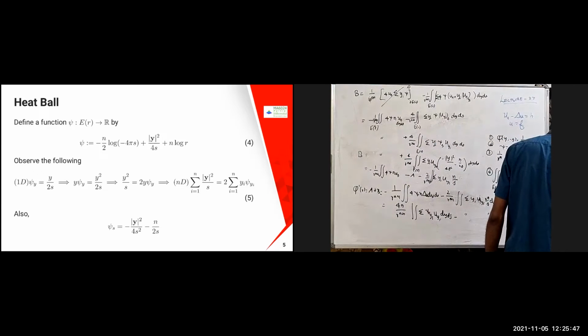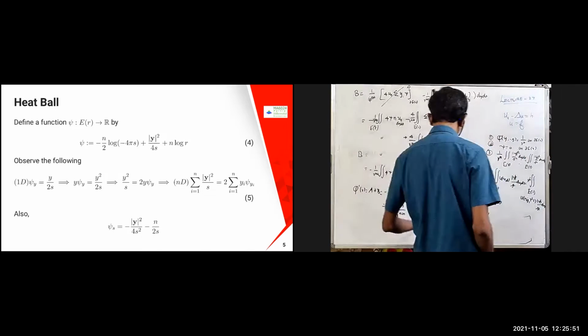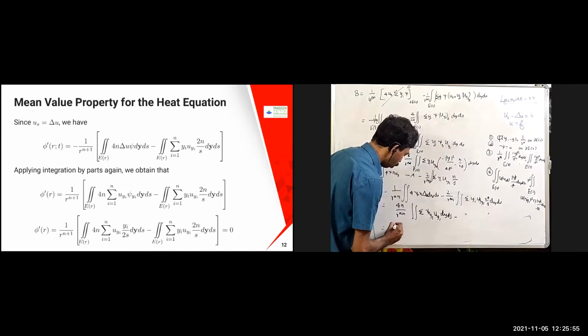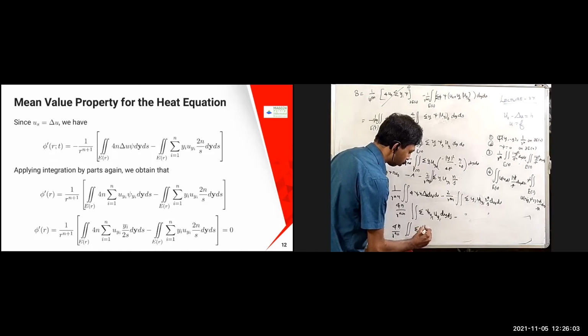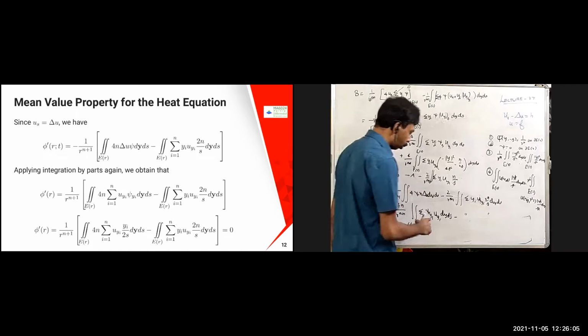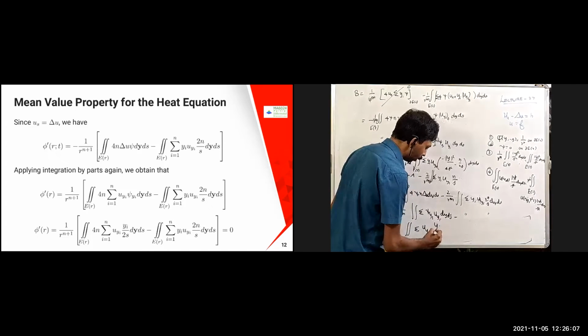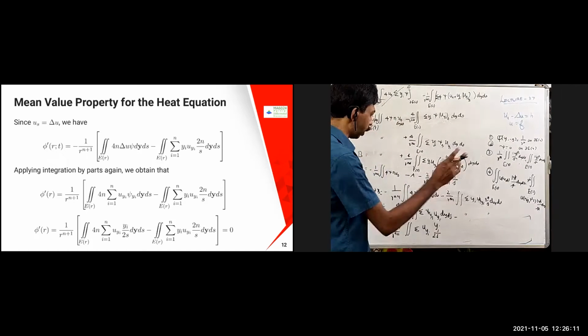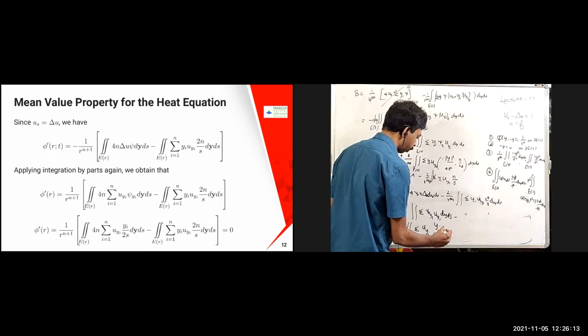Therefore, if I apply it over here for the ψ_y term, that is going to become simply 4n by r power n plus 1 integral over, so ψ y_i I am going to apply. That is going to become u_y_i into y_i by 2s, using that formula, dy ds.